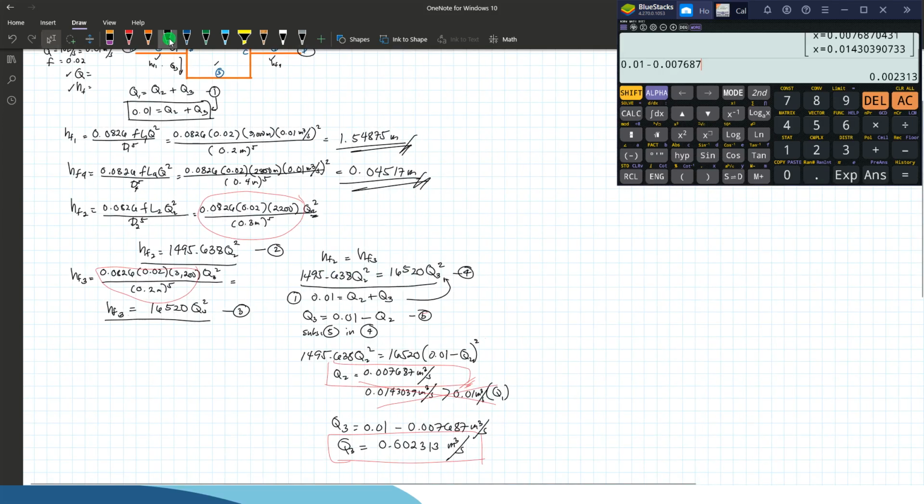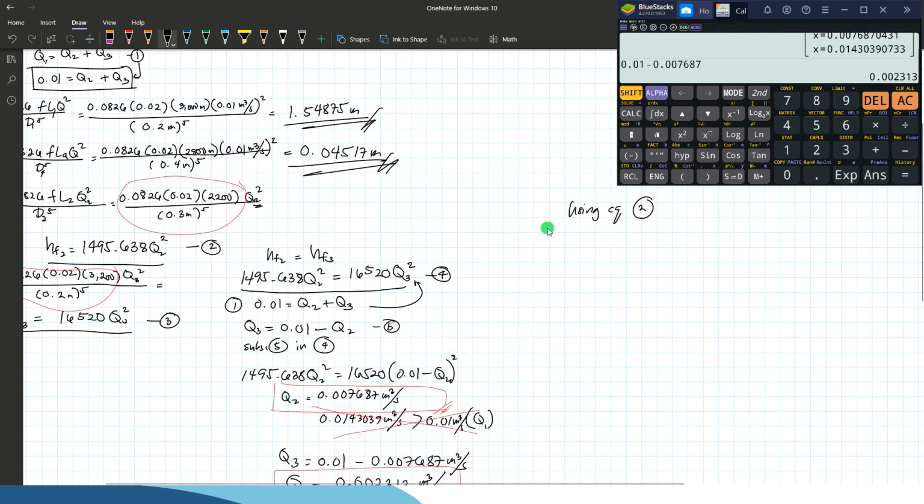Using equation number 2, we can now determine the head loss on pipe number 2. HF2 is equal to 1495.638 times Q2, 0.007687, raised to 2.